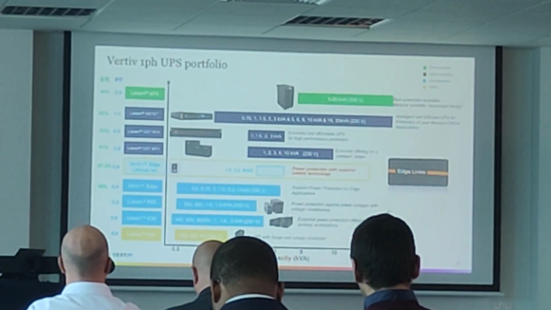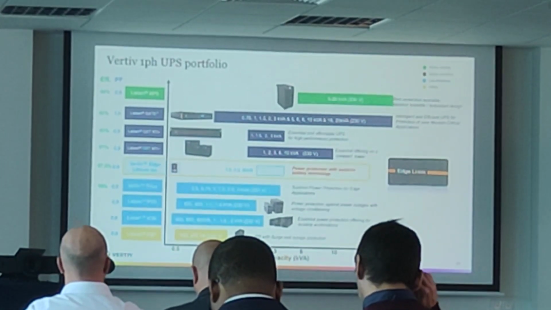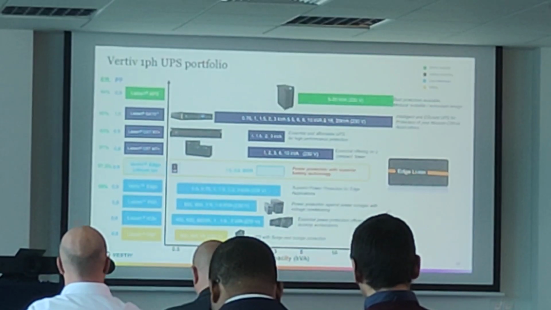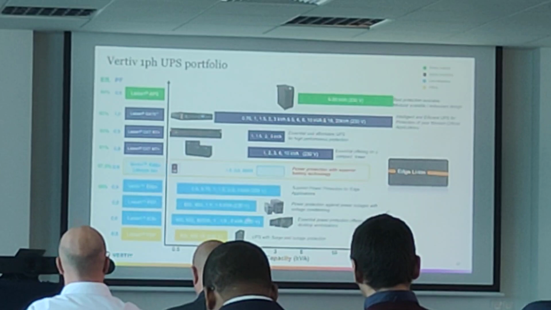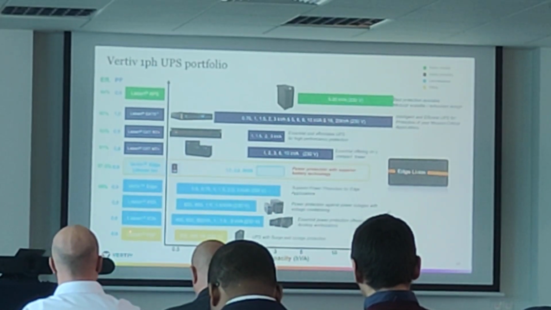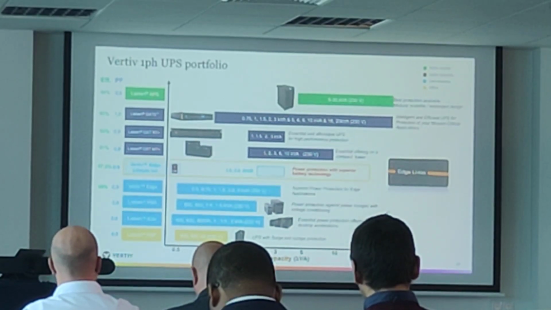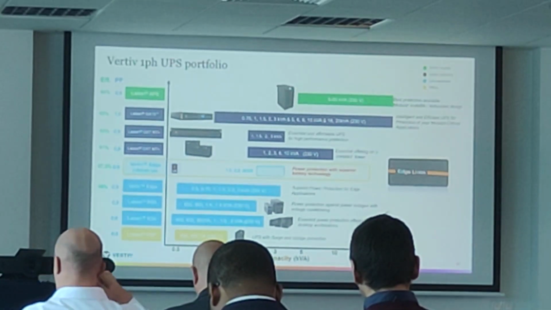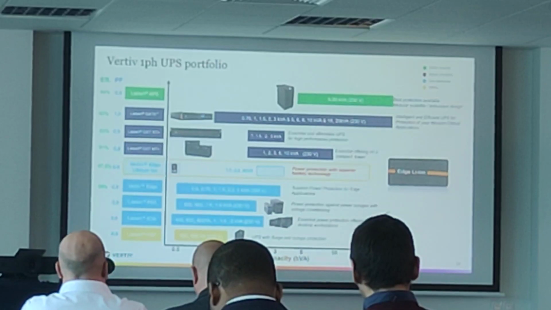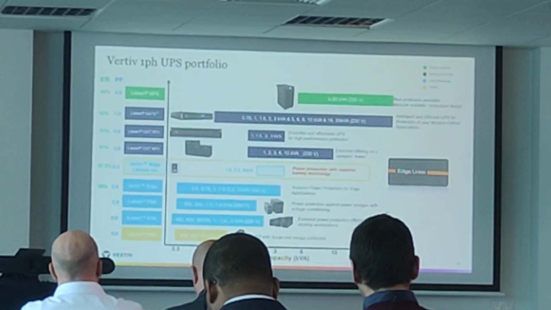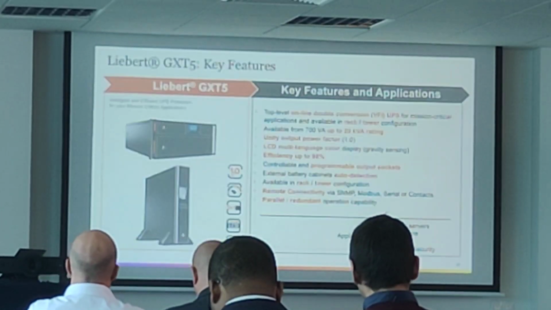Then we go with the UPS portfolio. This is the one-phase UPS portfolio. You can see we have, starting from entry-level SMB type of UPSs, you may find some of them on our booth, up to 20 kVA, including a modular solution.